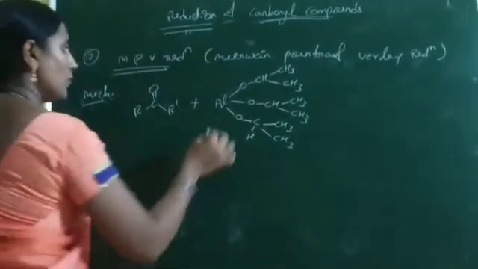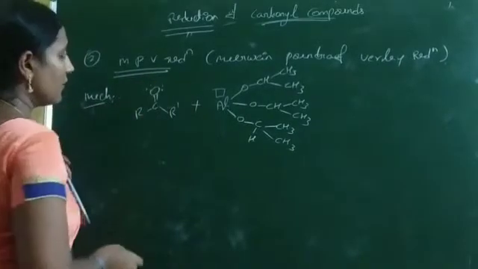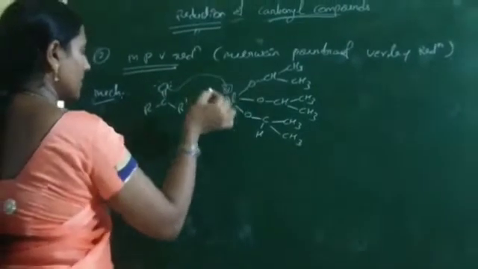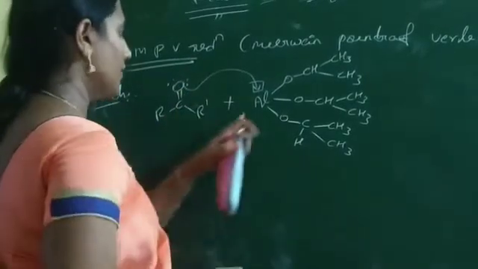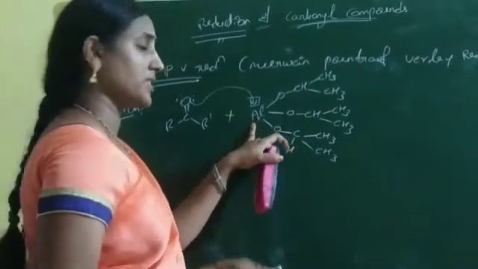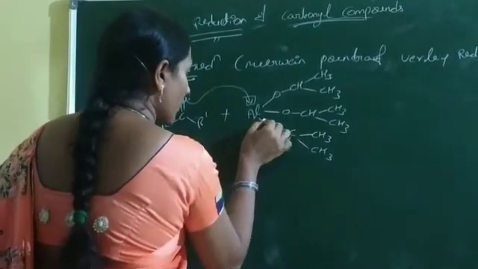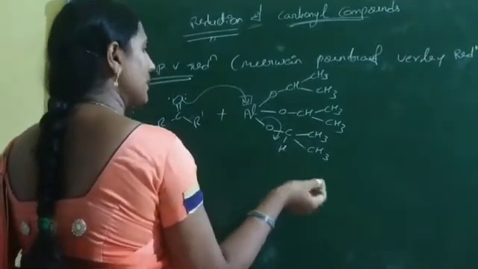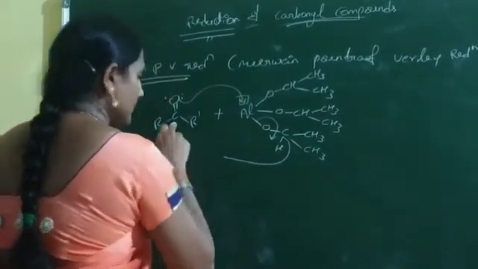Listen, aluminium has one empty orbital and this oxygen has two lone pairs of electrons. One lone pair is donated to the empty orbital. A new bond is formed between oxygen and aluminium. The valence of aluminium is then +4, which is unstable because the stable valences of aluminium are +3 and +5. Immediately this OAl bond shifts towards the OC bond. Then the carbon valence is +4, again unstable.